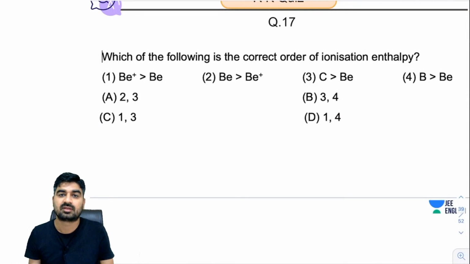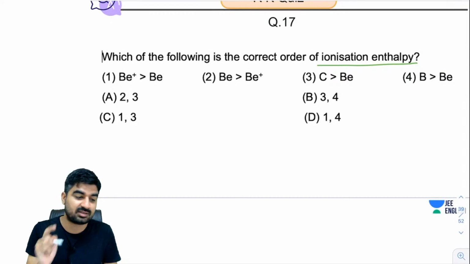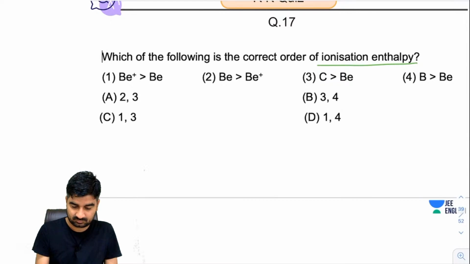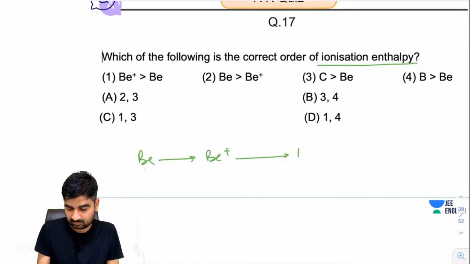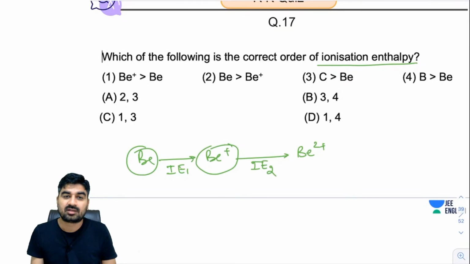17. Which of the following is the correct order of ionization enthalpy? So ionization energy of B plus will be greater than B. Why?